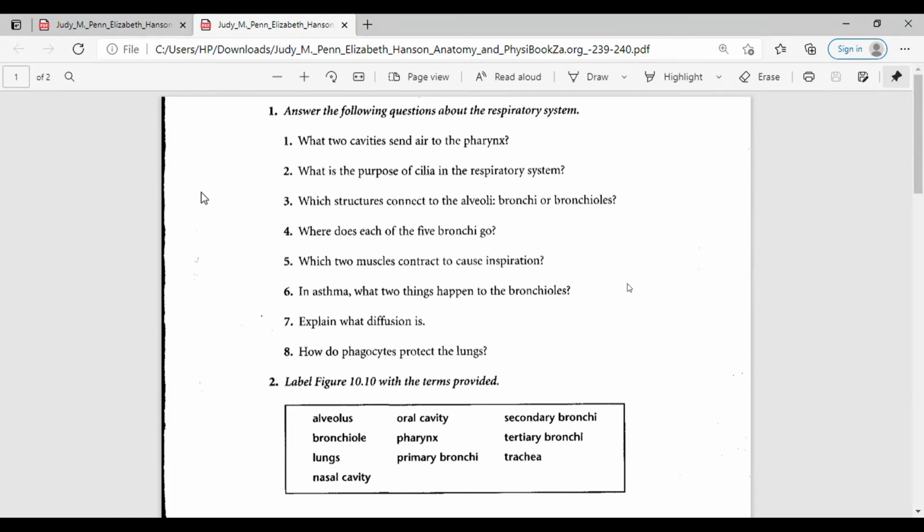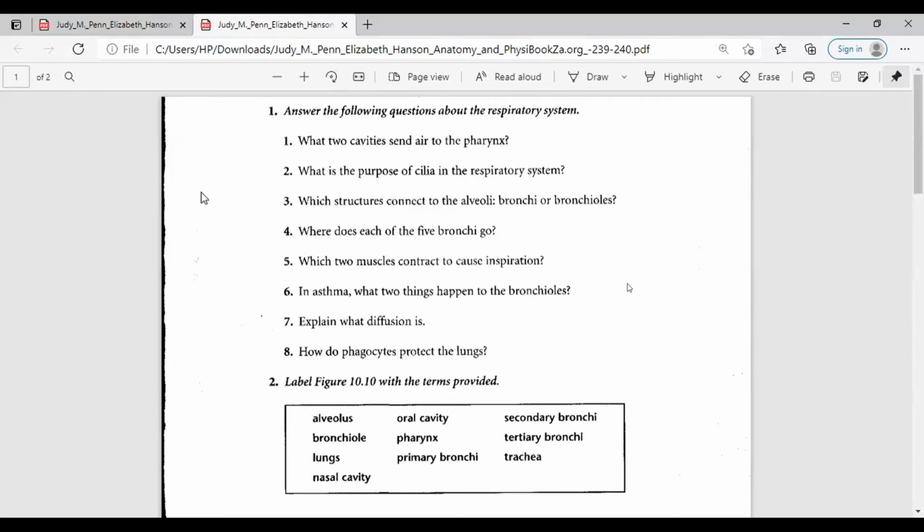Đàn Thị Giang. Yes, I'm here. Okay, can you help your friend with question number 5? Which two muscles contract to cause inspiration? The diaphragm and the last muscle that separates the abdominal cavity. Yes. The first muscle which contracts is your diaphragm. Very good. The diaphragm is the muscle which separates the thoracic cavity from the abdominal cavity, right?